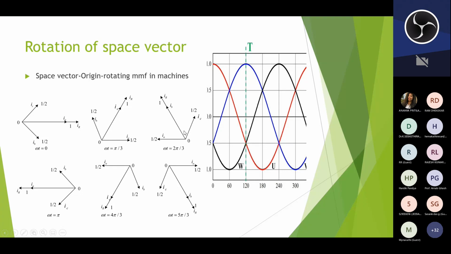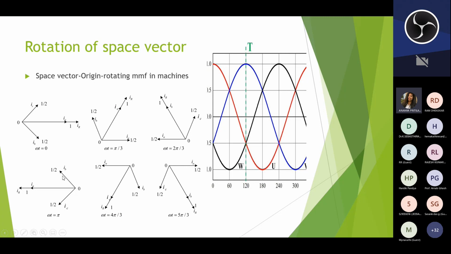Thank you. Now coming to the 120-degree interval, IA is negative, that is why it is opposite, IB is also negative, and IC is positive. That is why the resultant will be along the IB axis.